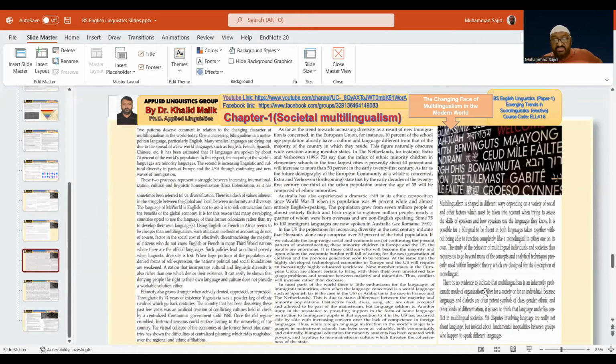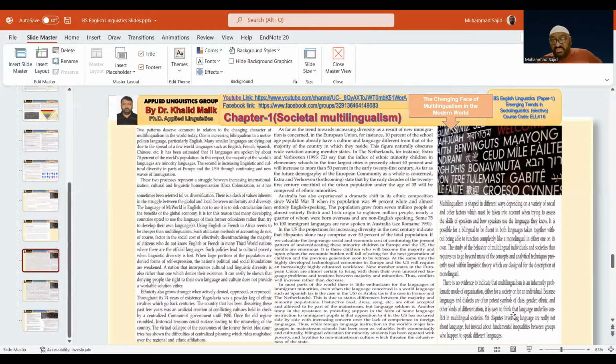There is no evidence to indicate that multilingualism is an inherently problematic mode of organization either for a society or for an individual, because languages and dialects are often potent symbols of class, gender, ethnic, and other kinds of differentiation.